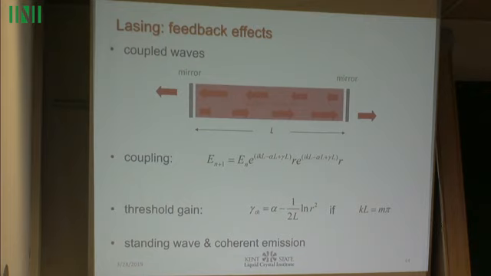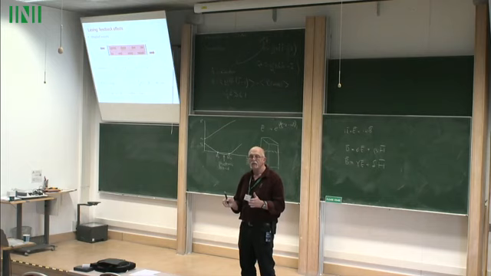Now, I want to say a few words about lasing, because to some extent, cholesterics are like cavities inside the material. To make a laser, typically people use two mirrors, and you have a standing wave between the mirrors.